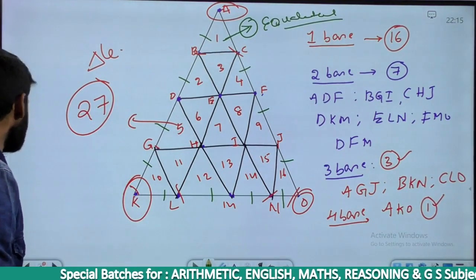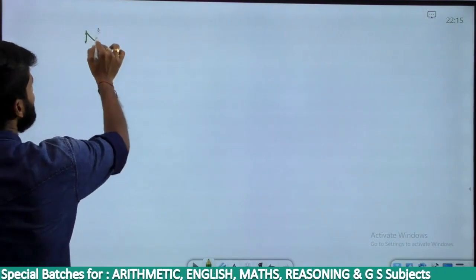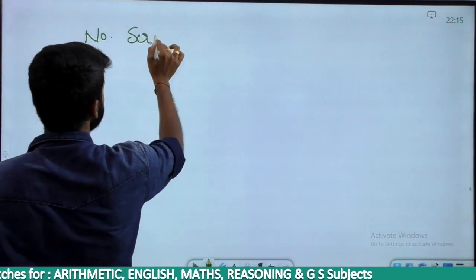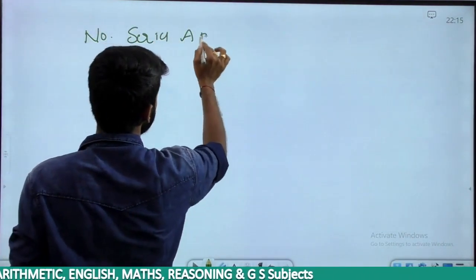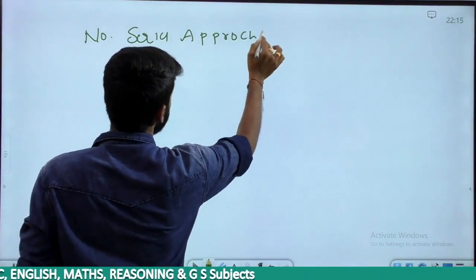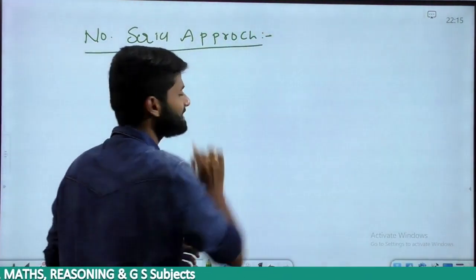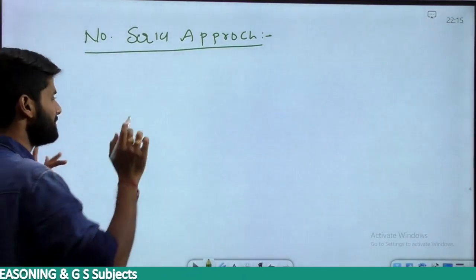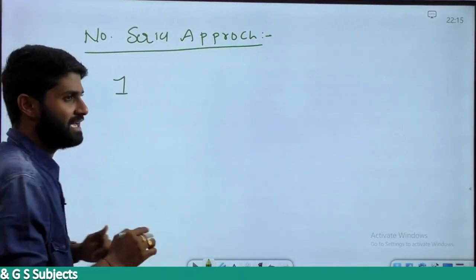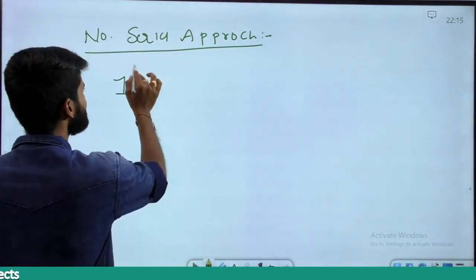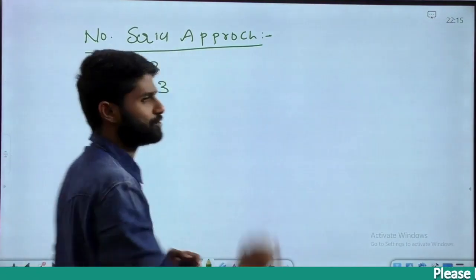The shortcut method is the number series approach. What does the number series approach mean? Remember, sir, we know that the natural numbers start with 1. And the next number we add: 1 plus 2 is equal to 3, guys.